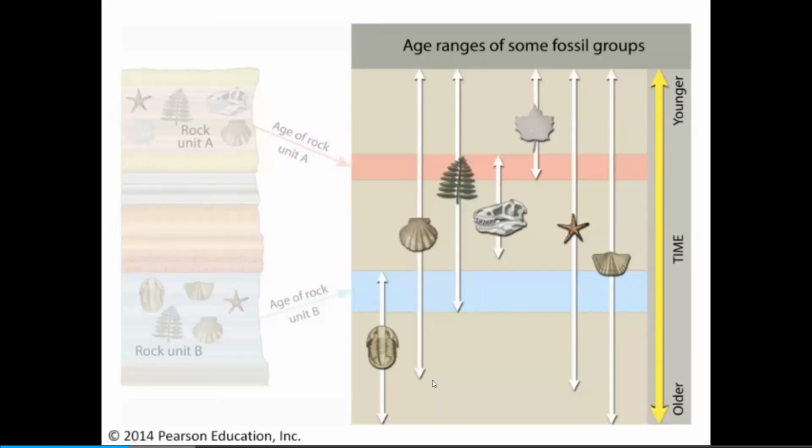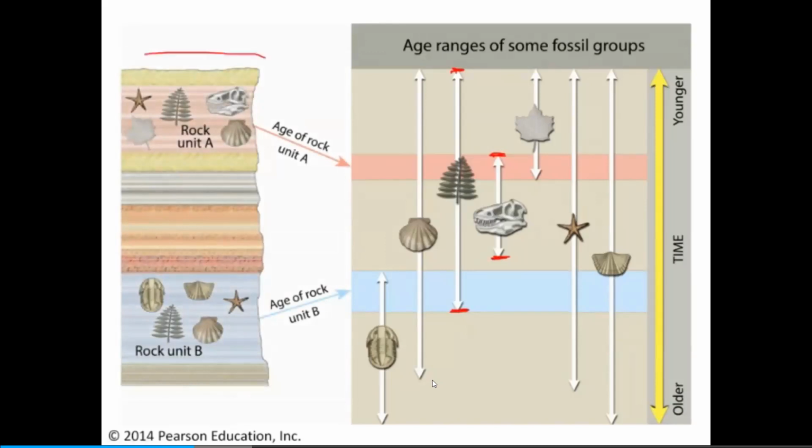Obviously this isn't true for every organism, because there are still some organisms alive today, so not everything has gone extinct. What we can do is plot the start and end for every organism. Each organism has an oldest layer that we find it in and a youngest layer that we find it in.